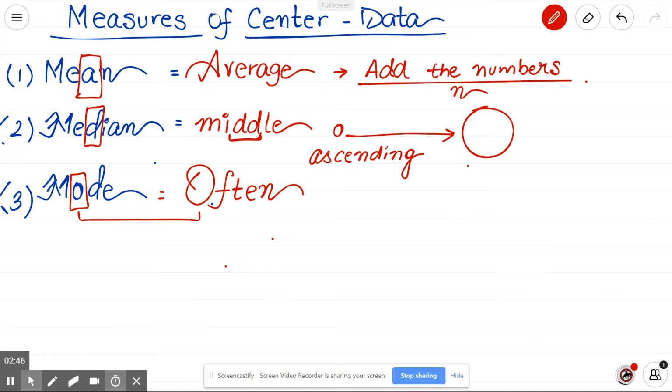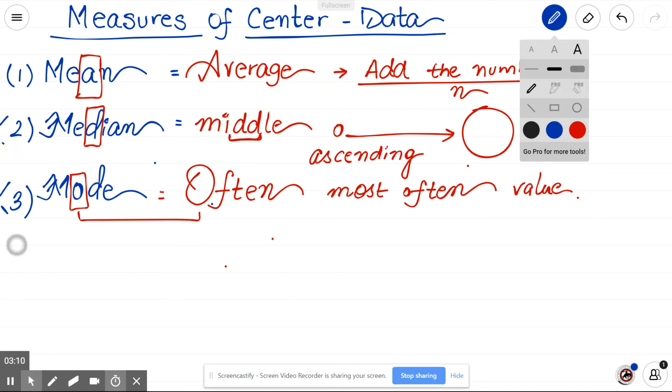O is in mode and often starts with O. What do we mean by often? Often means something that is occurring on a regular basis. So mode is that value which is occurring most often in the data set.